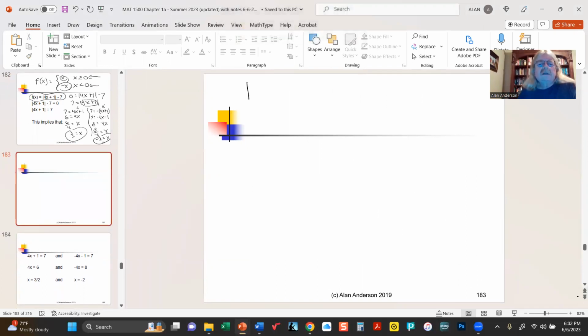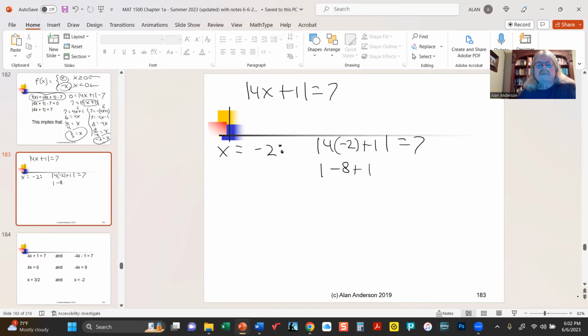Let's see, absolute 4x plus 1 equals 7. We'll start with x equals -2. All right, that's correct.